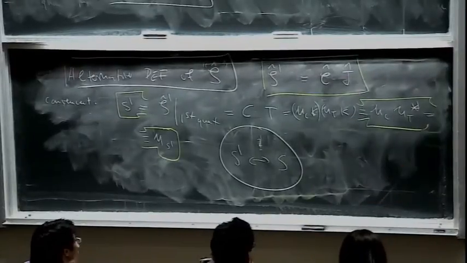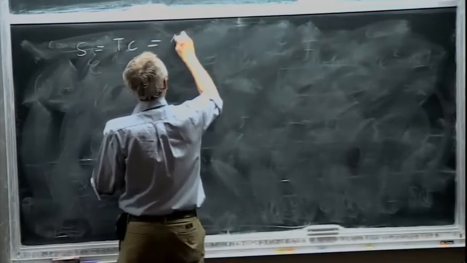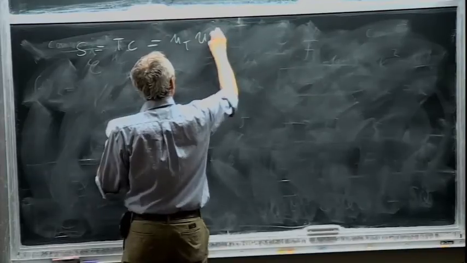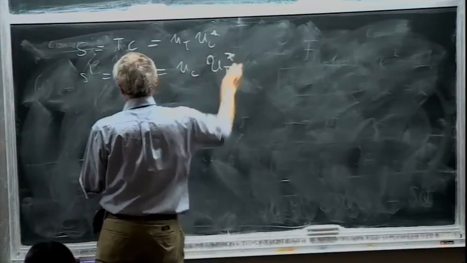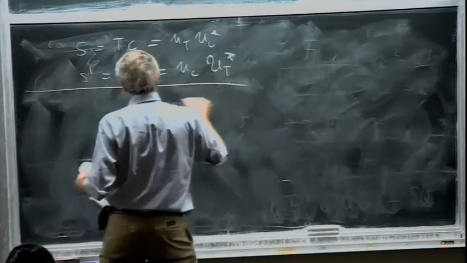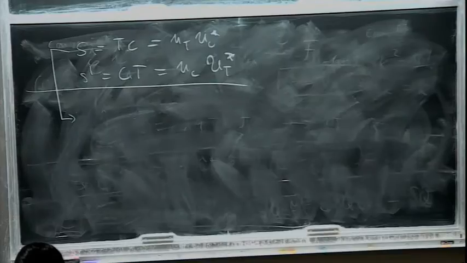But this is simple. Okay, S is TC, UT, UC star, S primed is CT, UC, UT star. So let's take this equation and take the adjoint.